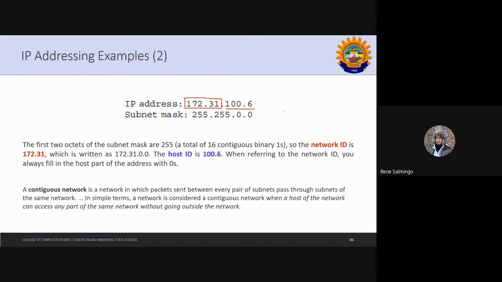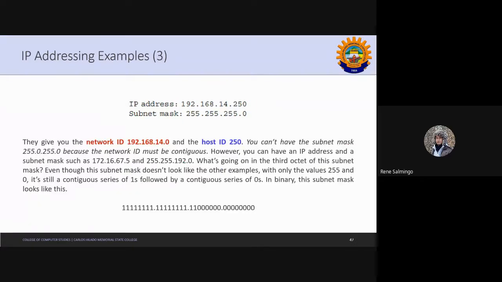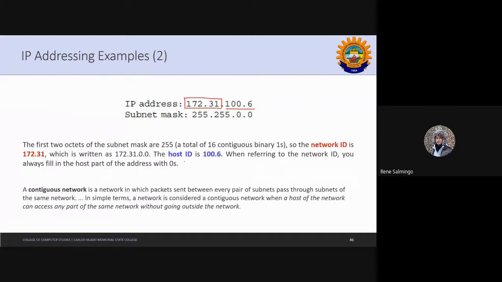When referring to the network ID, you should always fill in the host part of the address with zeros. So, for example, if you are given this question, the answer for the network ID should be 172.31.0.0.